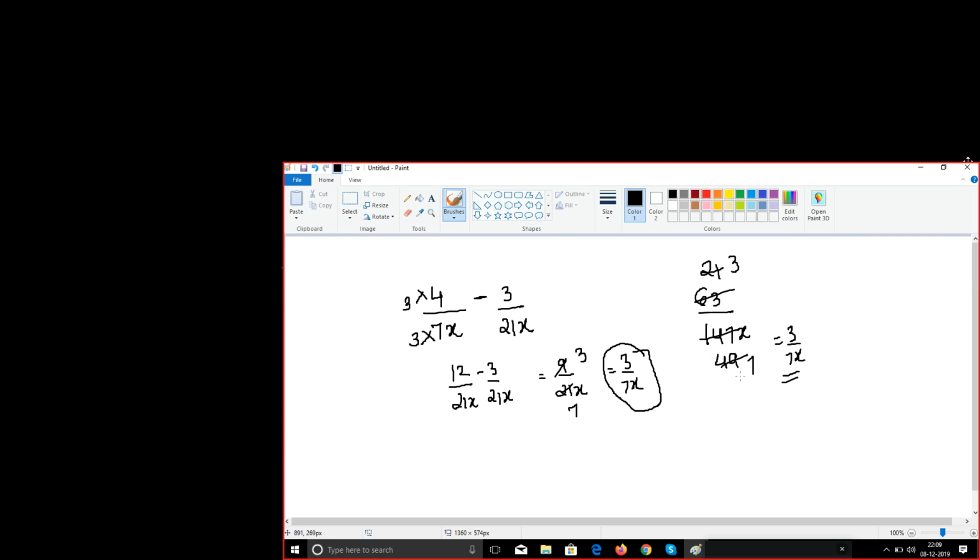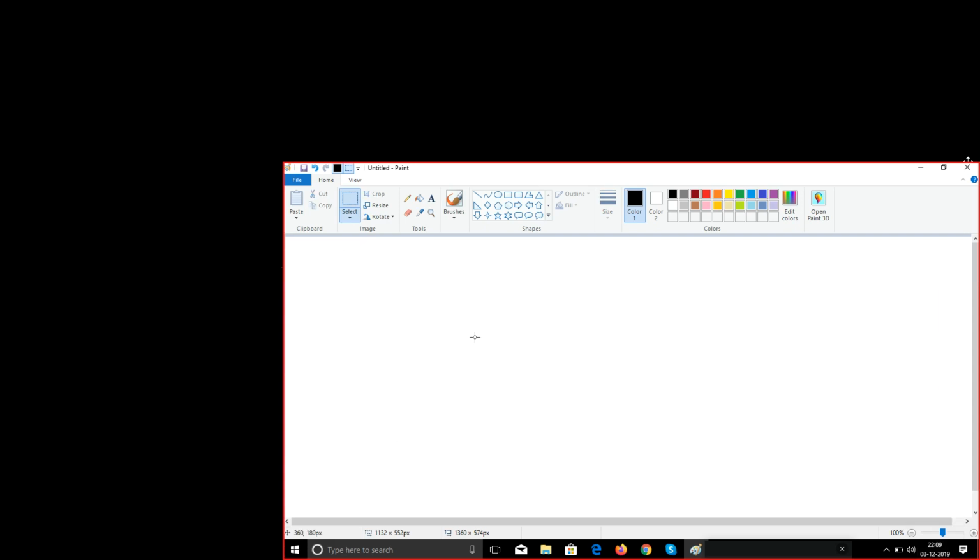Now if the questions are like this, with two terms in the denominator, like 2 divided by x minus 1 plus 3 divided by x plus 2, then if you want to make the denominator the same, it should be the product of these two, so x minus 1 multiplied by x plus 2.